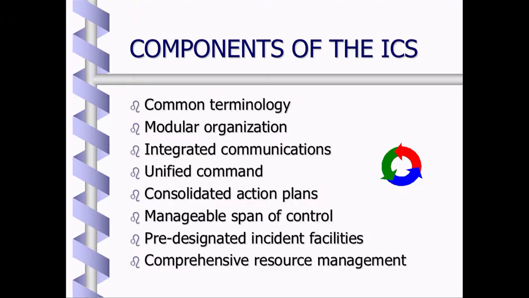We have acronyms for everything anymore. We break everything down to acronyms. We need a common terminology, and in ICS we have a common terminology. And the modular organization, it can get bigger or it can get smaller. We can make it move how we want it. Integrated communications, everybody has to communicate in the ICS system so we know what's going on.